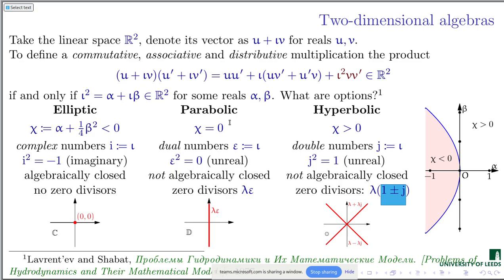So dual and double numbers seem to be not useful, because they are not algebraically closed, not needed because we can solve simple equations with reals, and they seem to be troublemakers through their zero divisors. So there are plenty of reasons not to deal with them. Nevertheless, we will see that they repeatedly appear and turn out to be helpful in quite a lot of situations.